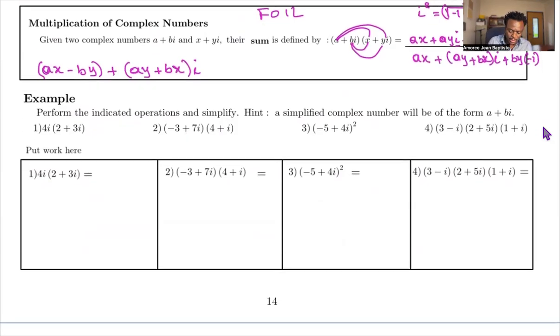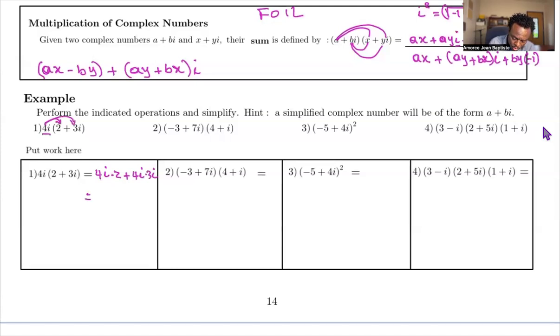So we're multiplying 4i times 2 plus 3i. Well, because the first complex number has only an imaginary part, we can just distribute this as we would for a regular expression. So that's going to be 4i times 2 plus 4i times 3i.